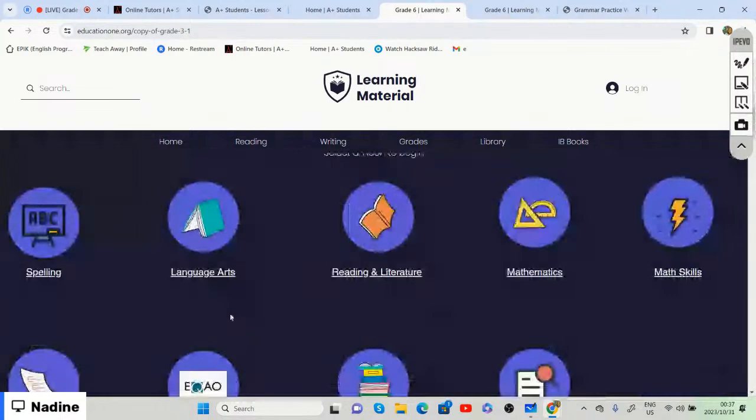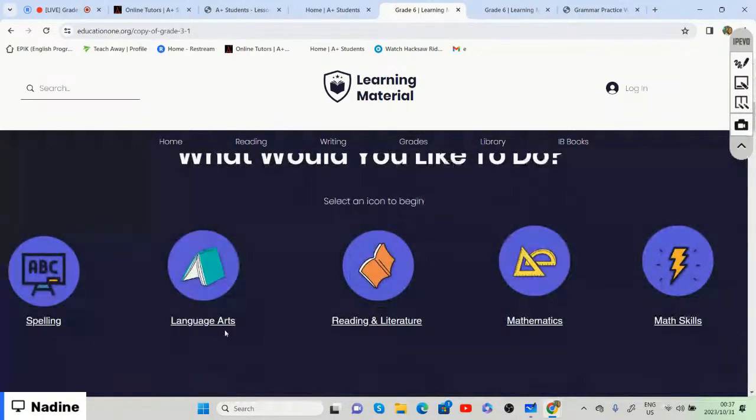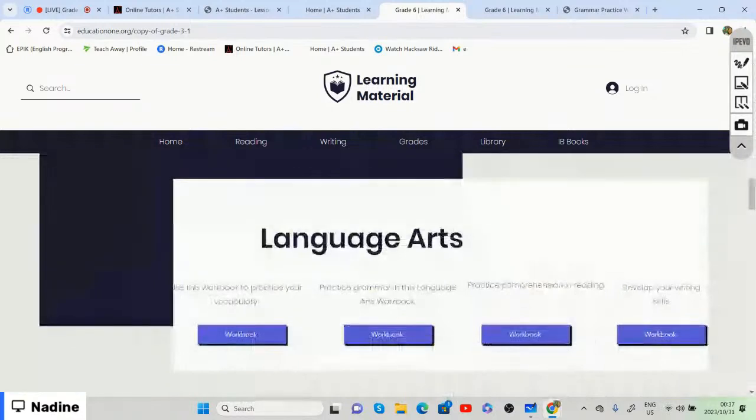What would you like me to do? We would like language arts. And then we go to the second option, which is practice grammar in this language arts workbook.